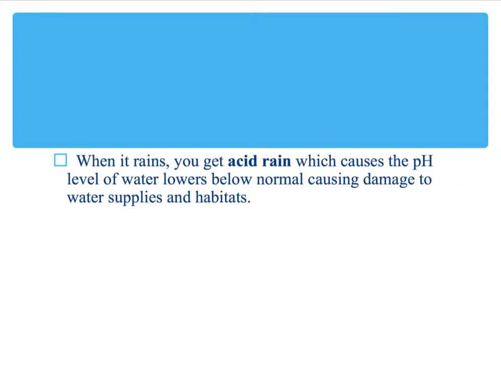Now, this is what we were doing with the seeds I sent you guys home with. Hopefully you were looking at those. When it rains, because of the smog in the air, the rain turns slightly acidic. That is when the pH goes below normal.